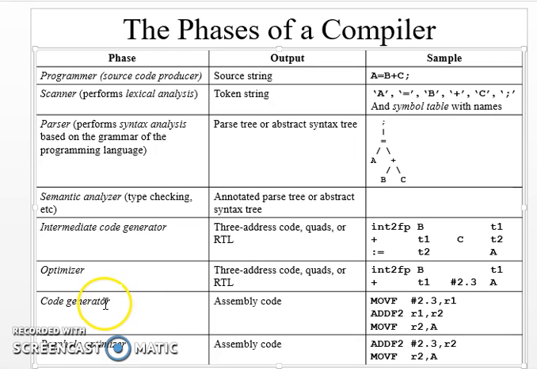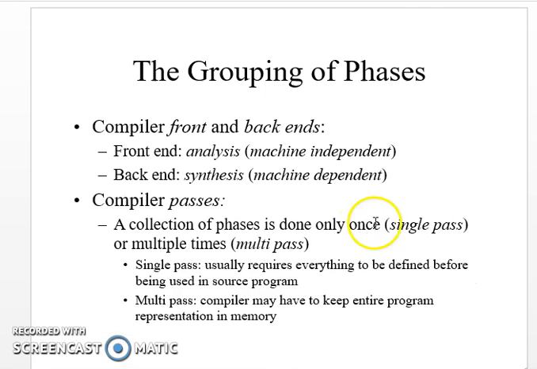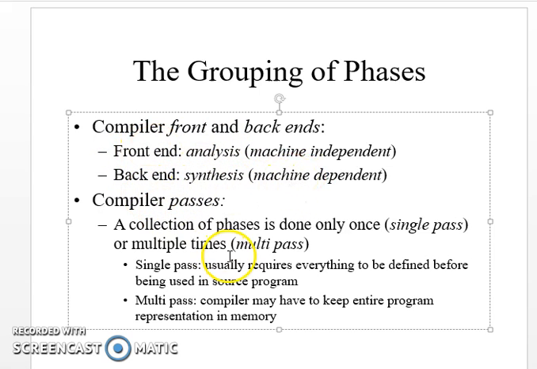Then the code generator generates the assembly language using mnemonics. And finally, you can apply the optimization. Then this is the output of the compiler. And in the grouping of the phases, the first three are grouped as the front end and the remaining are the back end.